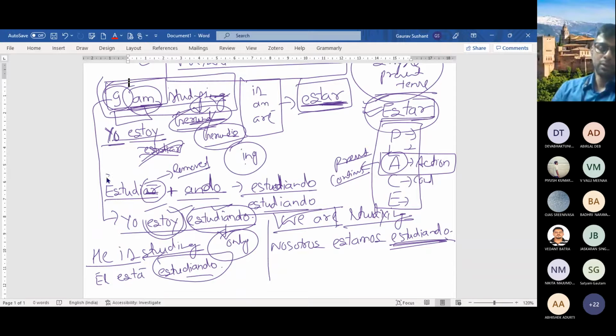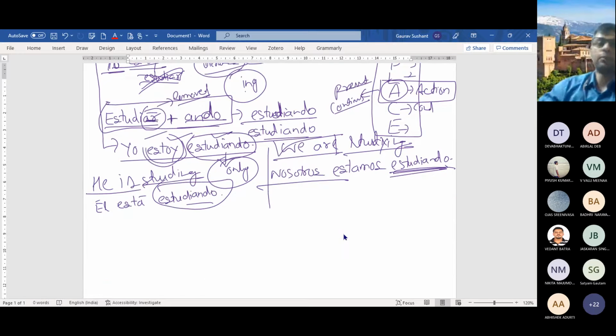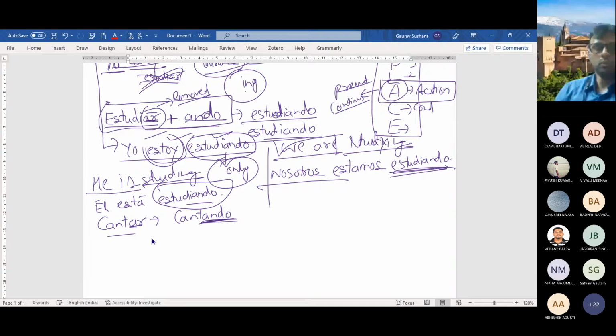Whatever has happened with the verb estudiar to make it a gerund will apply to other AR ending verbs also. It was estudiar, it became estudiando. So cantar will become cantando. AR was removed, ando was added. Then bailar will become bailando.